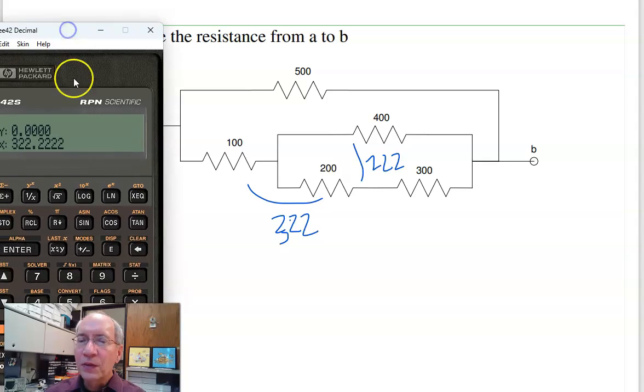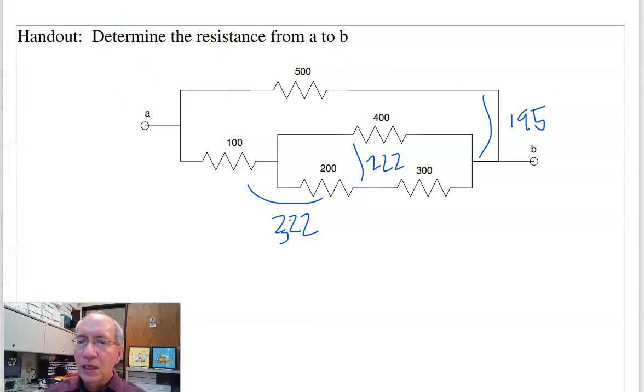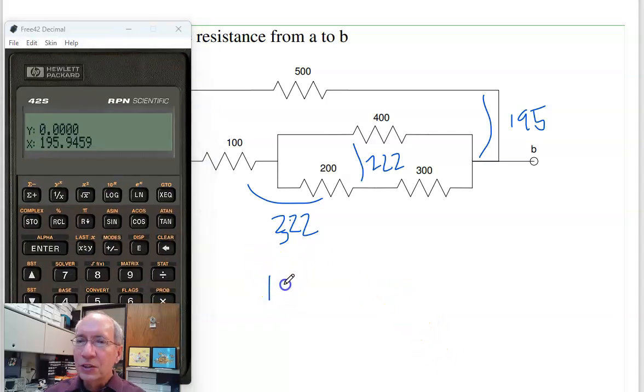In parallel with 500, so take the inverse, 500, inverse, add inverse. All this together is 195 ohms. And that's my answer. So the total resistance is 195.94.